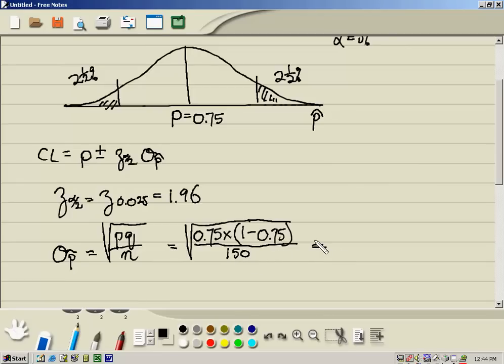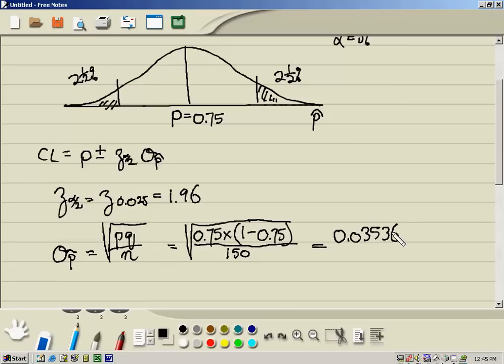So let's pull out the calculator. 0.75 times 0.25 divided by 150. Take the square root, and the number on the screen of my calculator goes something like 0.03355 after that, and round it off to 4 places.